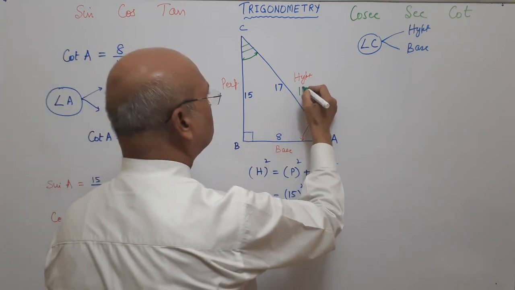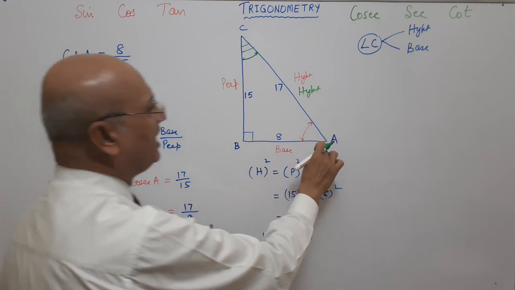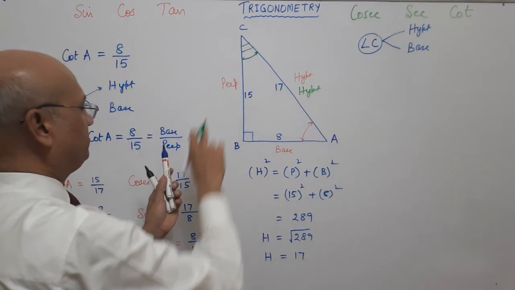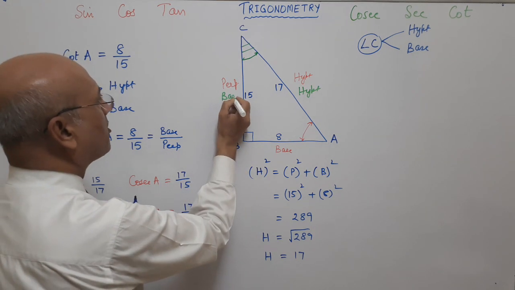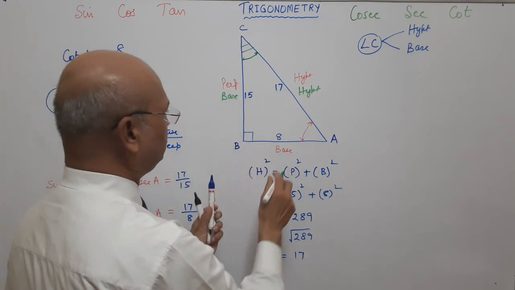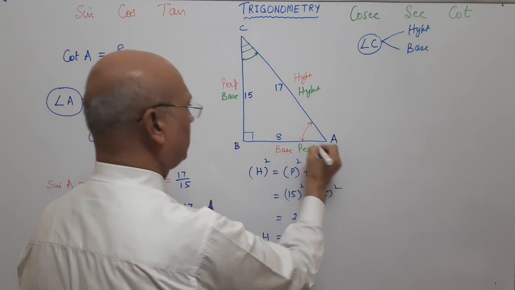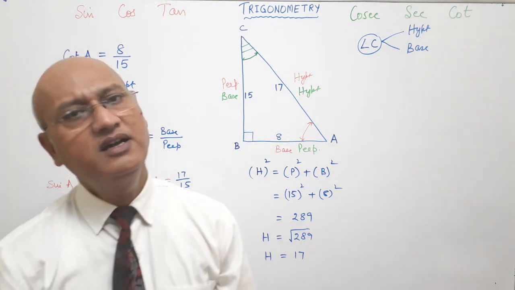So what you see is that hypotenuse, either you take angle A or angle C, is fixed. Now here this perpendicular will become base and this base will become perpendicular when you take the angle C.